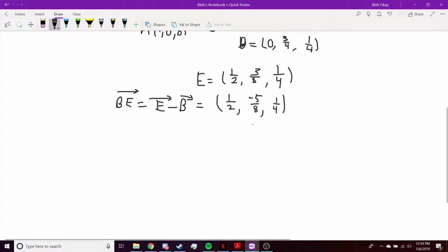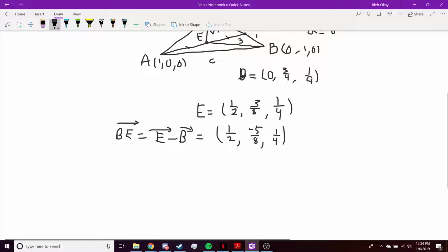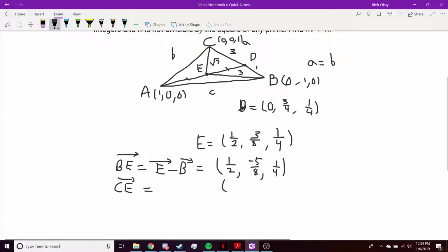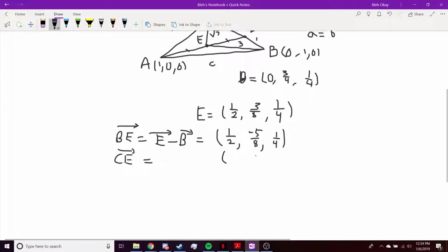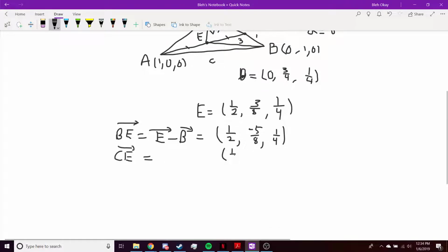Anyway, then CE is defined similarly, where we take the coordinates of E and we subtract the coordinates of C. So we get 1/2, 3/8, 1/4, but we're only subtracting 1 from the last one, so it's 1/2.